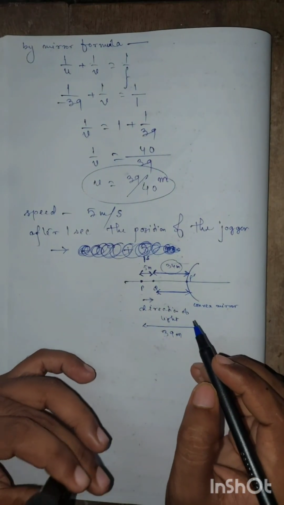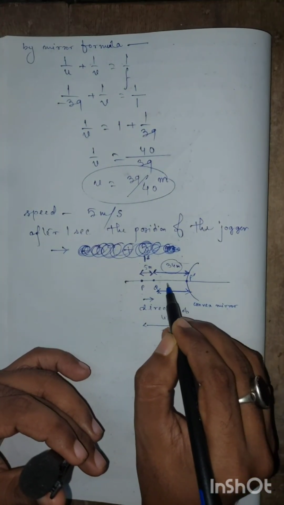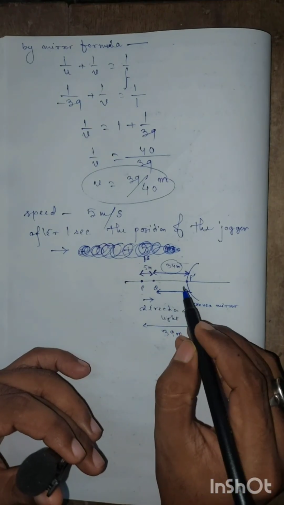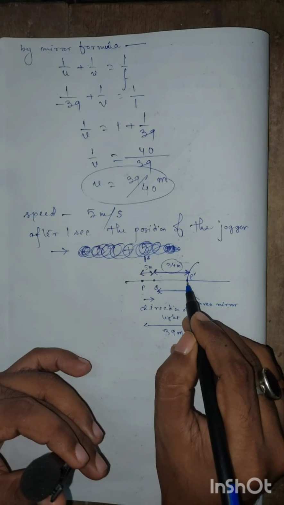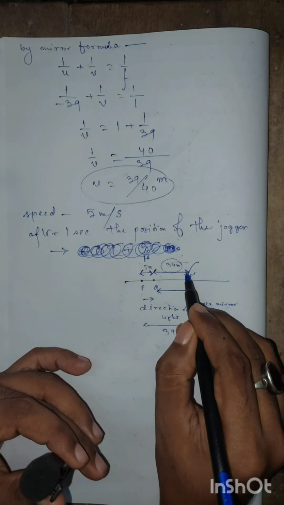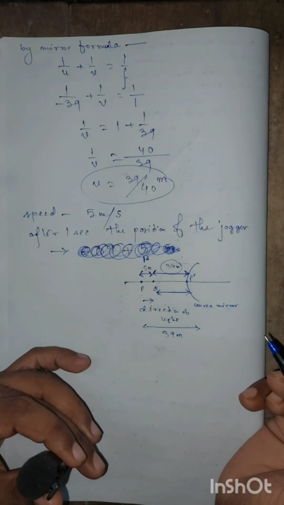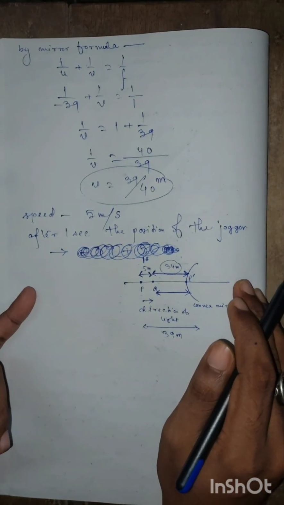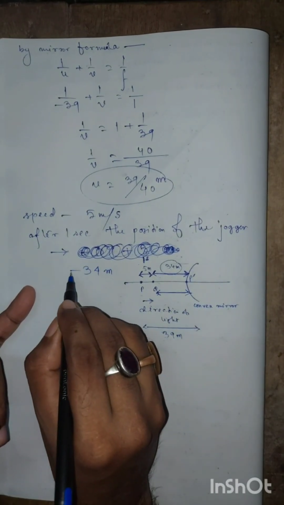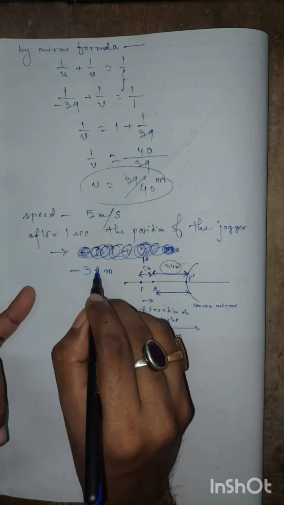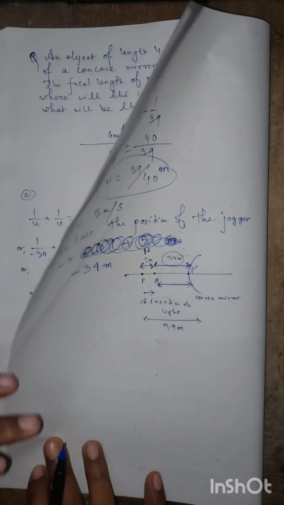So when the jogger is at point Q, the object distance will be minus 34, because we always measure distances from the pole, which is opposite to the direction of light. So after 1 second, the position of the jogger should be minus 34 meter. I hope you have understood it.